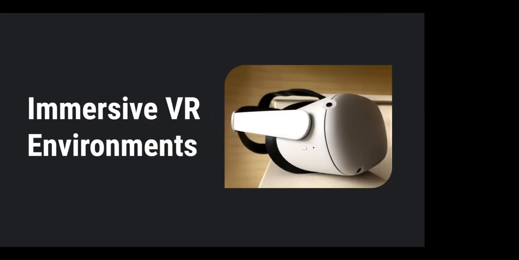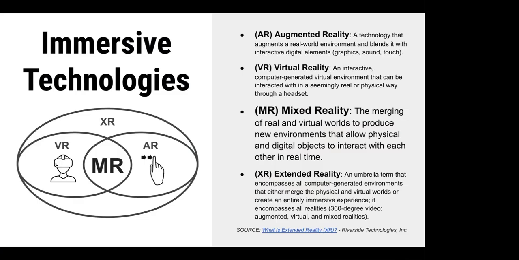All right, so VR immersive environments. You're in one right now. We want to tell you just a little bit about the technology behind this. You might have heard a lot of different terms: virtual reality, augmented reality, mixed reality, extended reality. Well, virtual reality is often fully immersive with a headset.